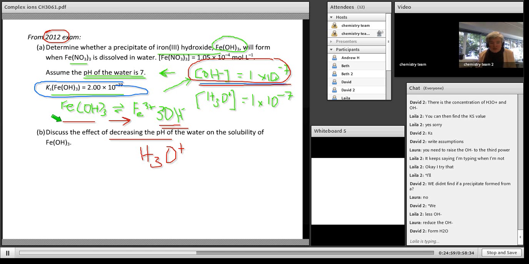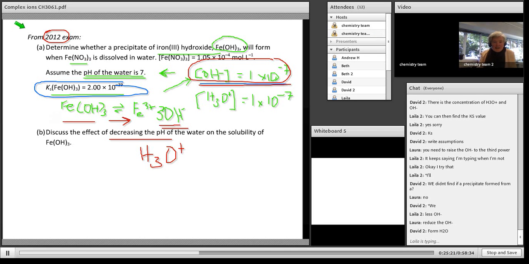Okay, so David, you said we didn't find if a precipitate formed from A. Okay. Oh, thank you, actually. I didn't quite read the question because I was focusing on the complex ions.